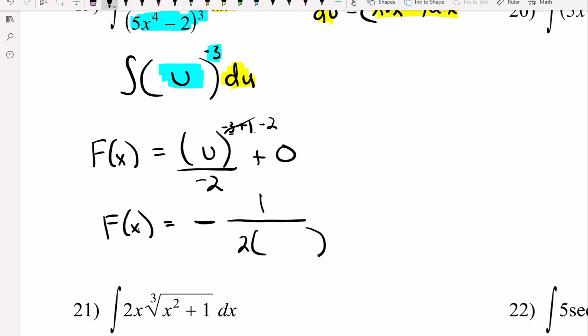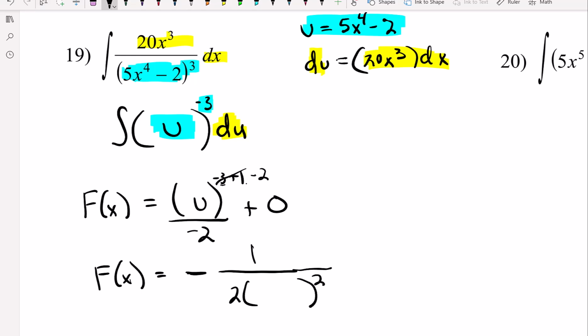And then when we move that to the denominator, this becomes positive 2. And that original u is 5x to the fourth, subtract 2. And then the integral of 0 is a constant. We just don't know what the constant will be.